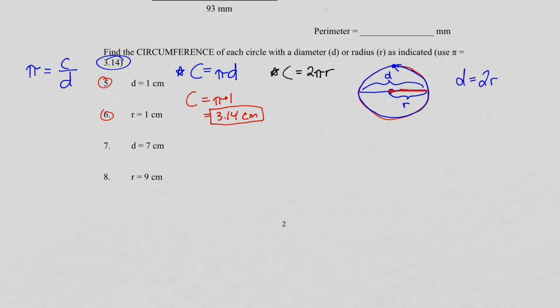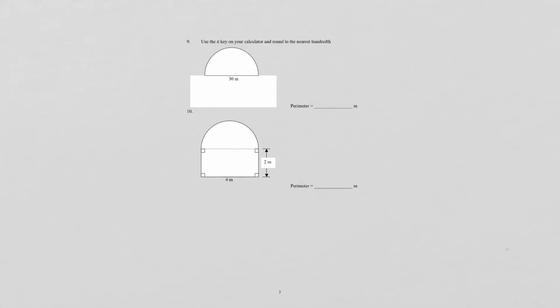And then number 6, the radius is 1, so it's going to be times 1 there. So 2 times 1 is 2, so we're going to have 2 times 3.14, which is going to be 6.28 centimeters. So it just depends on what you're given, and what version of the formula you want to use, to make it easier. All right, so let's go to the next page.